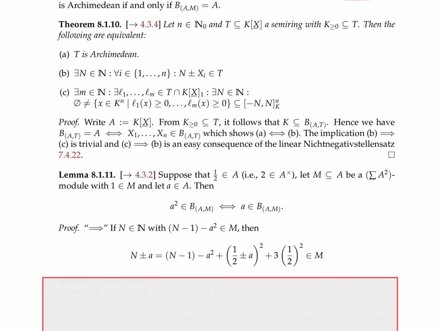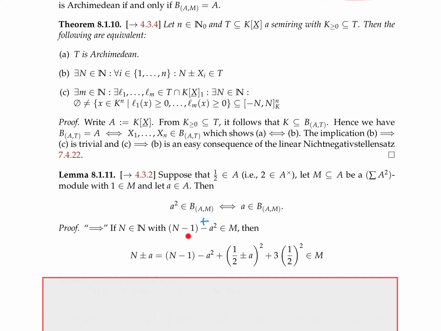So for the direction from left to right, if n is in N such that n minus a squared lies in M, right? For technical reasons, let me exchange n by n plus 1, and then I have n minus 1 minus a squared lies in M. So I use here just that n minus 1 minus a squared lies in M. I don't use that plus a squared lies in M, because that's anyway trivial, right?